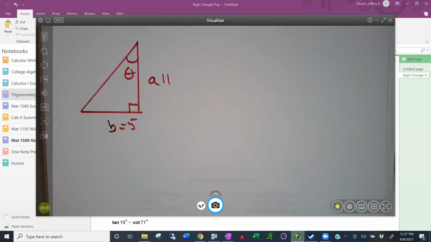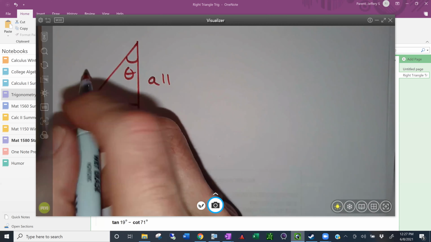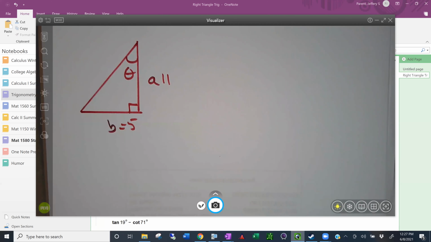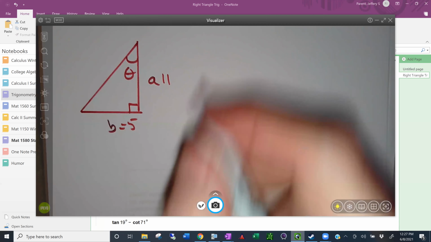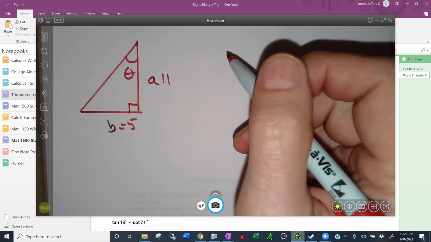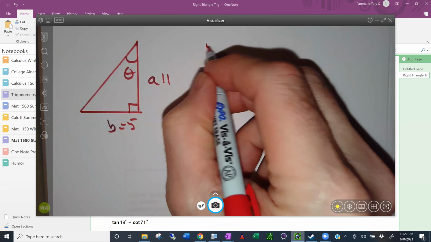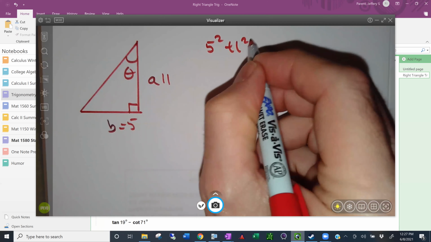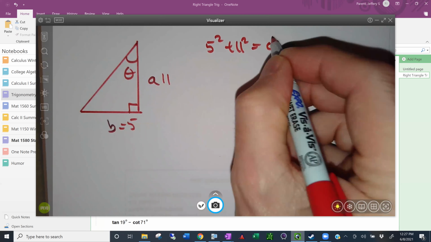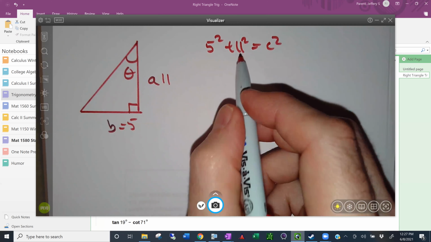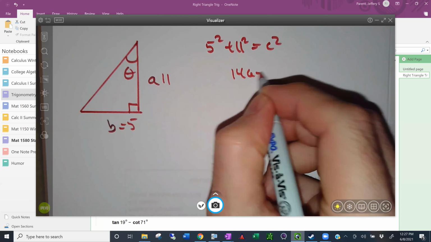How am I going to do that? How can I figure out what this side is? Anyone? Yeah, Pythagorean Theorem. 5 squared plus 11 squared equals c squared. So that's going to be 146 equals c squared.